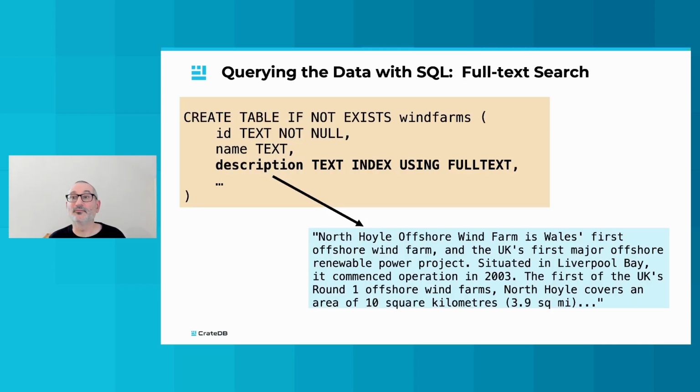Moving along from geospatial, we also had a field inside our wind farms table that I said we were indexing with full text search using Lucene. So here we have some text as an example, descriptive text about North Hoyle wind farm, and we've indexed it using full text, which means that we can do different sorts of searches against it.